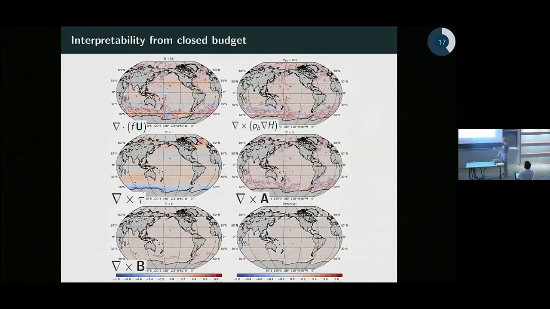Just to highlight this, again, these are the 5 different fields. This is just a demonstration that the budget here closes. For example, within the wind stress curl field, you can see that there are sort of vague patterns, but actually matching them up between the 5 different fields is something that I certainly can't do by eye.